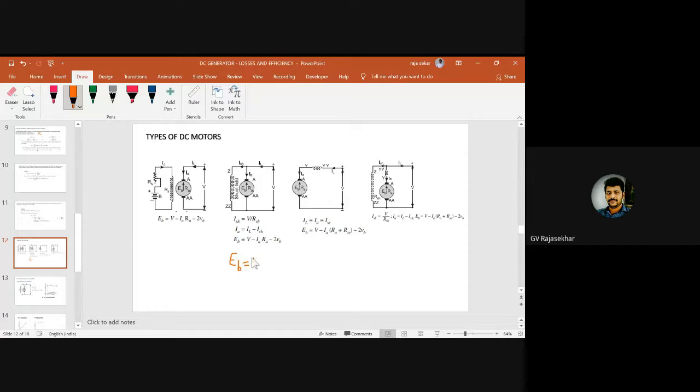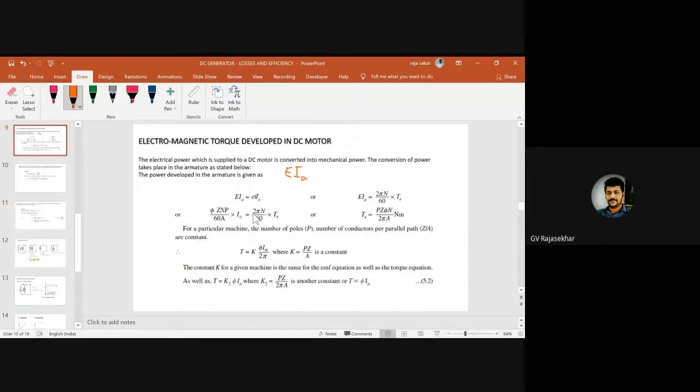I will tell you why it is called back EMF in the next class. For the time being, you name it back EMF, EB. So EA is in the generator and EB is in the motor. Suppose instead of EB, I write E here, that's all. So E into IA is the power you have given to the motor.